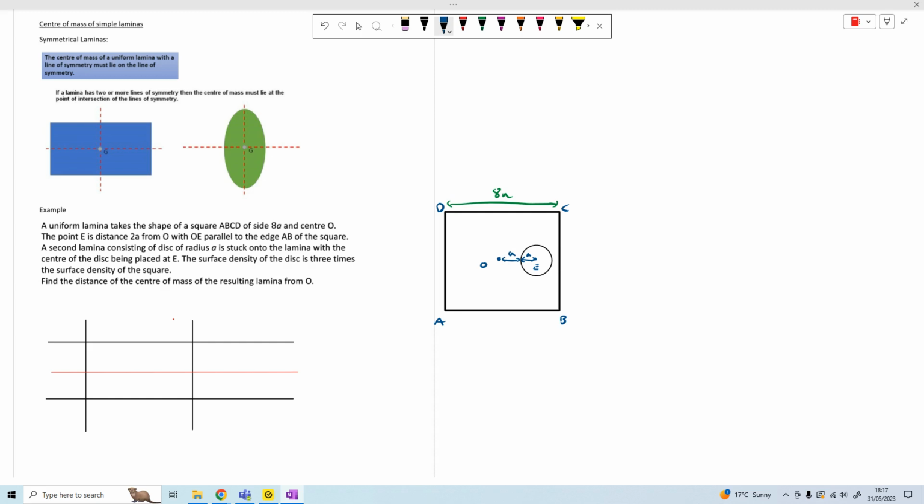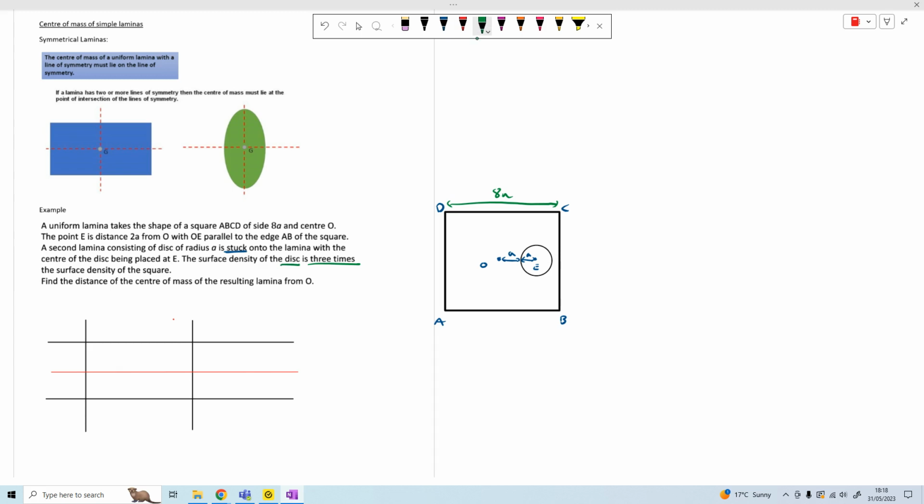A few extra bits to consider before we go on. We've got it stuck on, so when I think about these centers of mass, I'm not taking things away, I'm adding them. If I had a shape cut out of it, I would take masses away. So be careful of what we're dealing with depending on the shapes. It tells me the surface density of the disc is 3 times the surface density of the square.